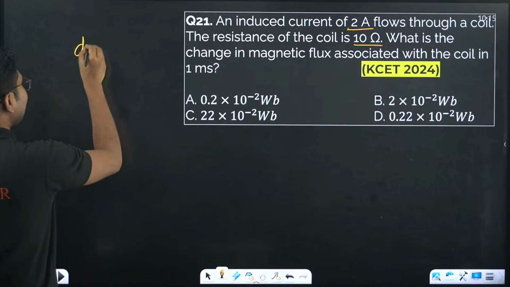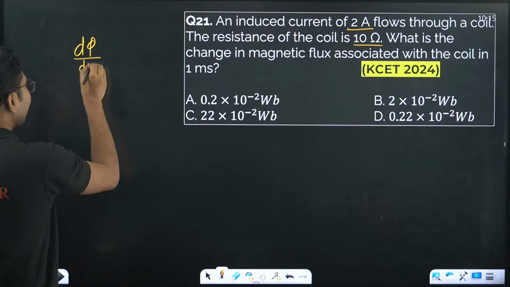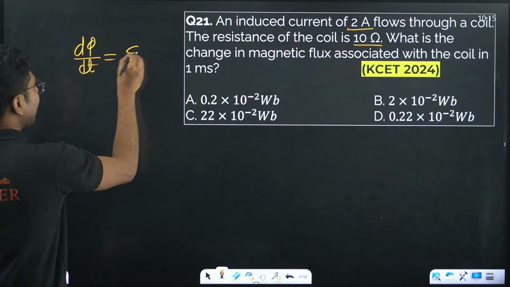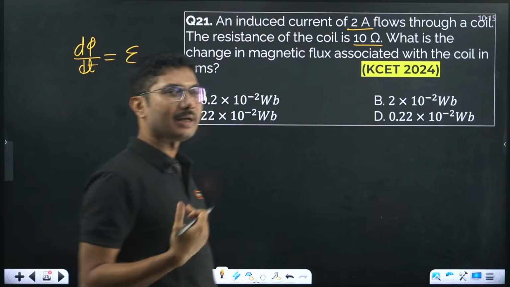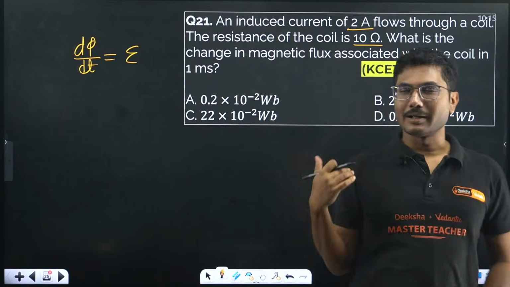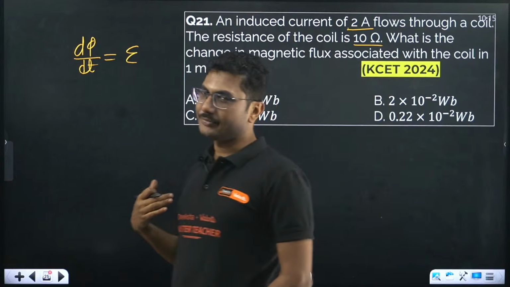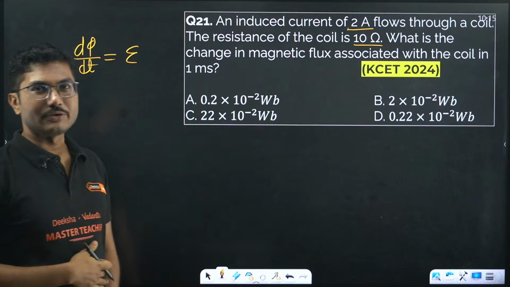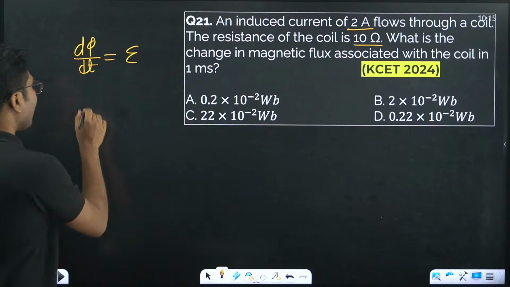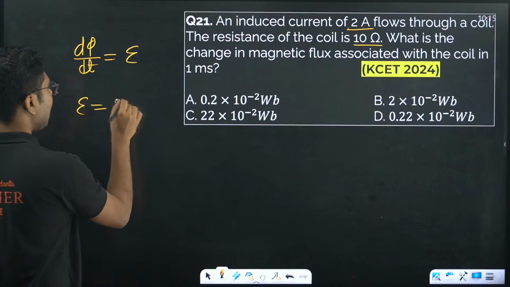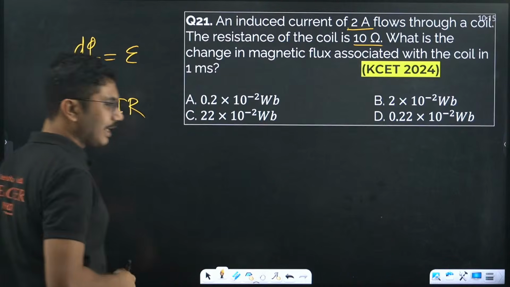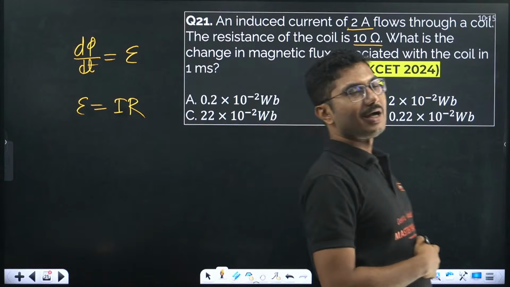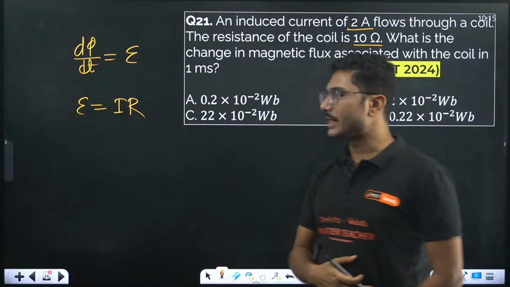We know that the rate of change of magnetic flux is actually the magnitude of EMF. There is a negative sign, but unless and until we require it, we will not use the negative sign. So induced EMF equals the rate of change of magnetic flux. Now what is induced EMF? EMF is the same as voltage, so by Ohm's law, V equals IR.